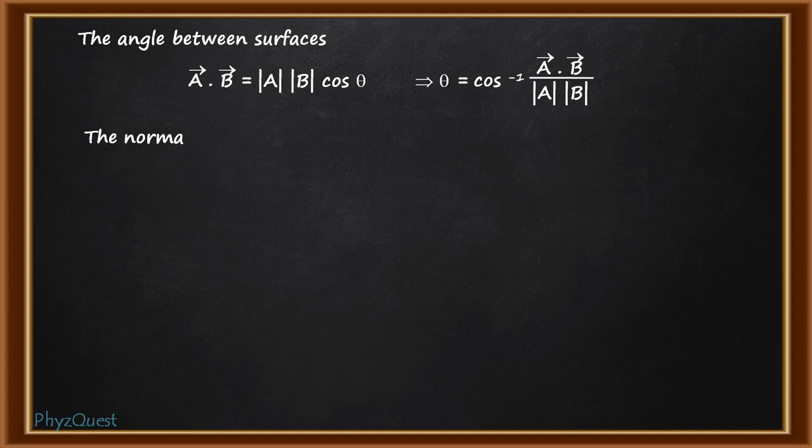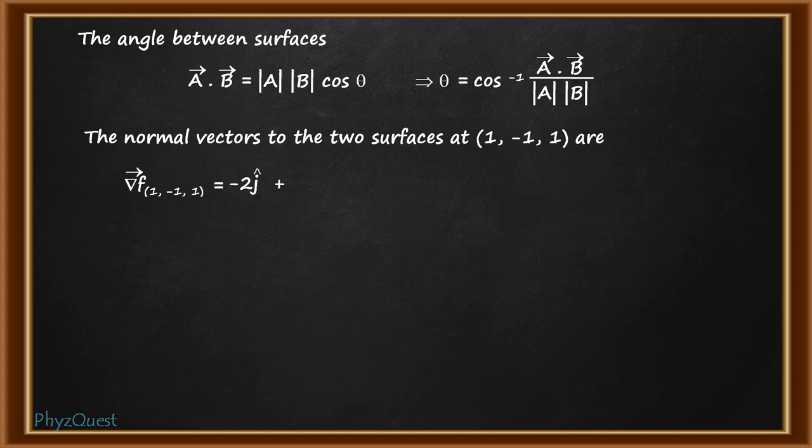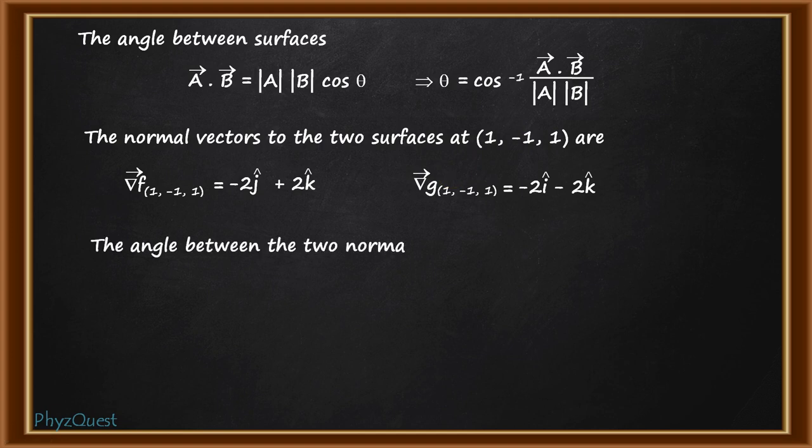So we have the two normal vectors to the two surfaces at (1, -1, 1). Gradient of f is equal to minus 2 j cap plus 2 k cap, and gradient of g is equal to minus 2 i cap minus 2 k cap. We have the two vectors and we need to find the angle, so we use this formula. Theta is equal to cos inverse of gradient of f dot gradient of g divided by magnitude of gradient of f into magnitude of gradient of g.